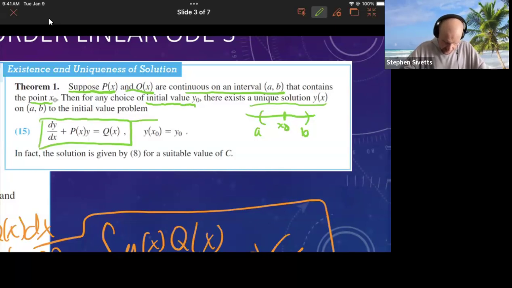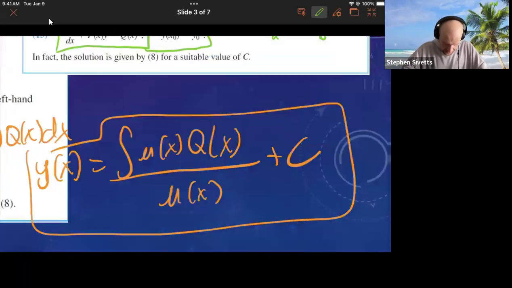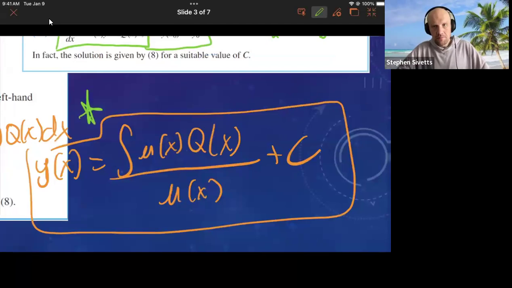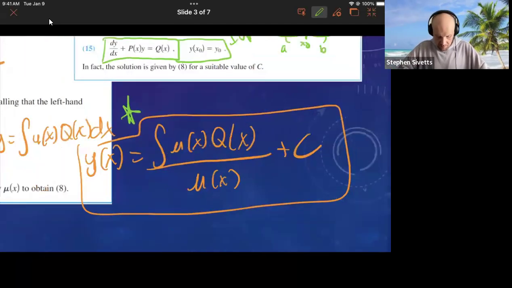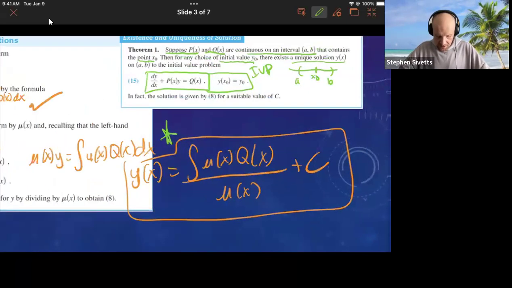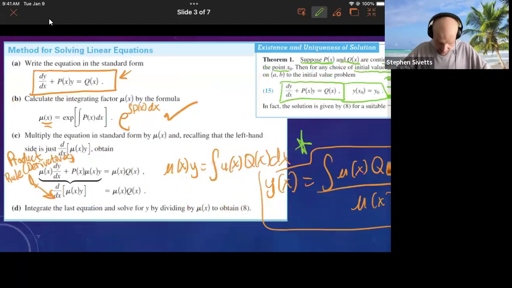I should say initial value problem, right? You're invoking the initial condition in that case. And it's given by this general solution that we found. So we'll arrive at the existence and uniqueness of a particular solution of a linear differential equation.